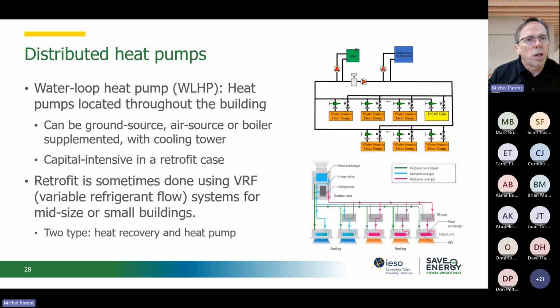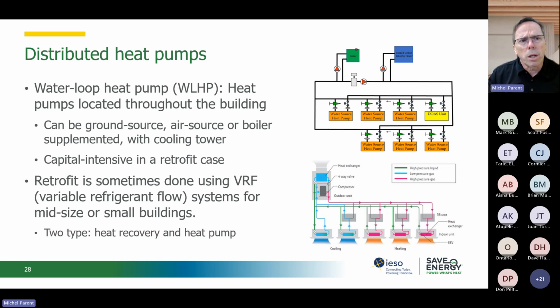The boiler will inject some heat in the winter, and the fluid cooler will reject the heat in the summer. Now, if you take out the boiler and you take out the cooling tower, you can convert that system to ground source, because now instead of using the boiler and the cooling tower, you use the ground to take some heat in the winter and reject the heat in the summer.